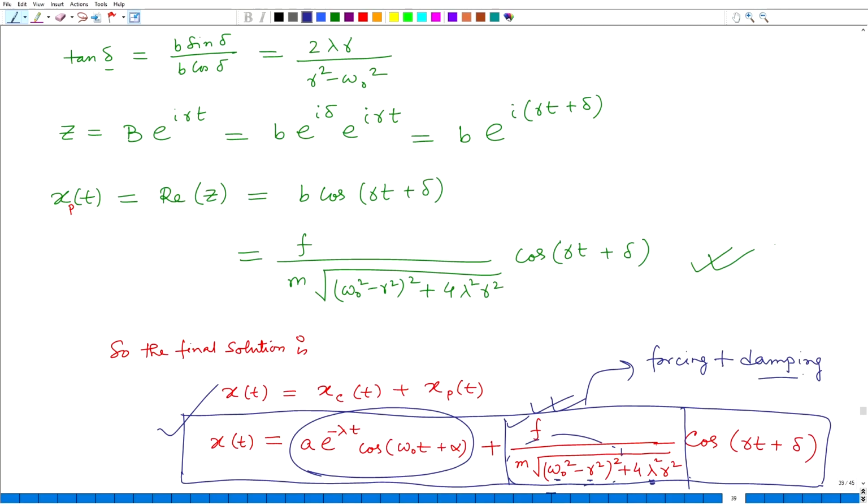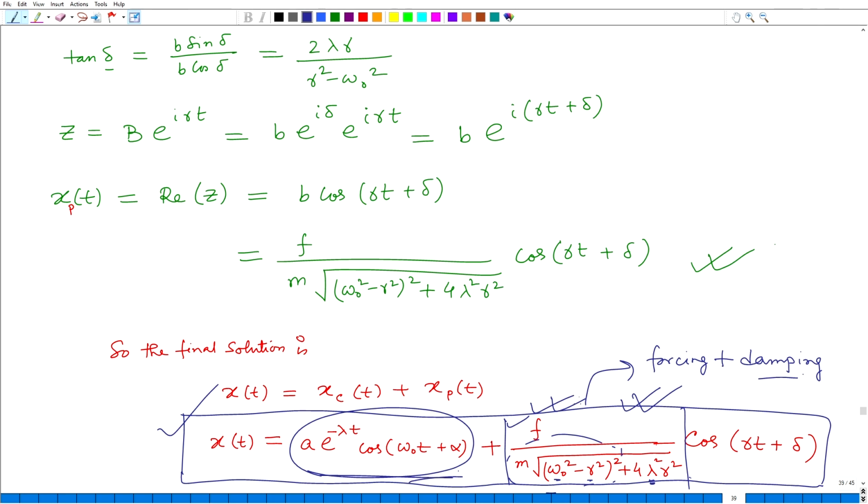There is no injection of energy. Here in this case, there is a competition between the energy injection and the energy dissipation. And that is why we do not have any case of suddenly decaying the whole thing, because this part is the competitive part. This part is the purely dissipative part.